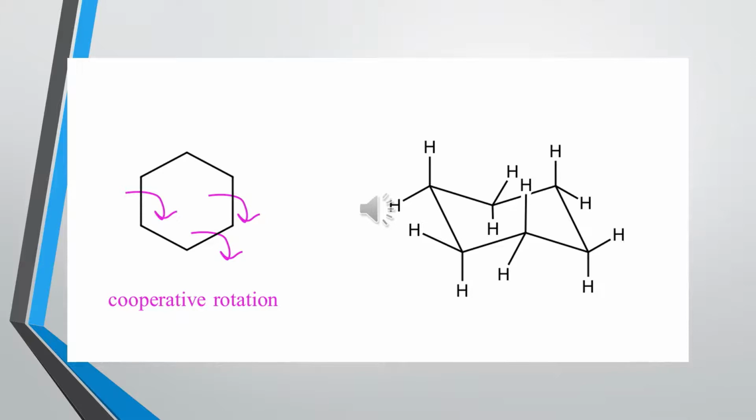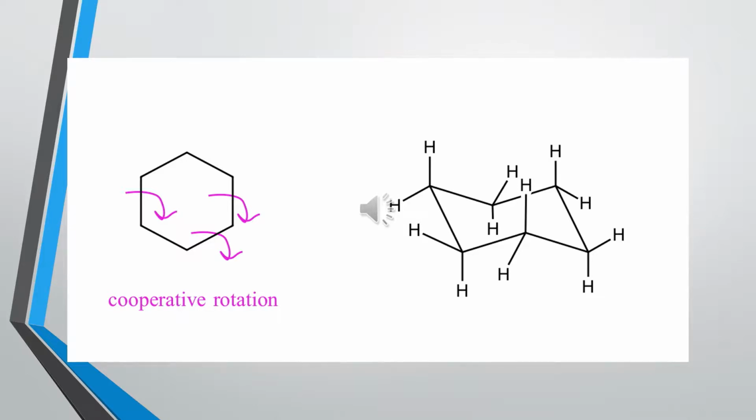Let's take cyclohexane as a classical example in organic chemistry of cyclic conformational analysis. It turns out that the preferred conformation for cyclohexane is shown on the right-hand side of the panel. The first picture on the left is looking at cyclohexane from the top down. The second picture on the right is turning cyclohexane out of the plane of the screen or the paper and looking at it side on.